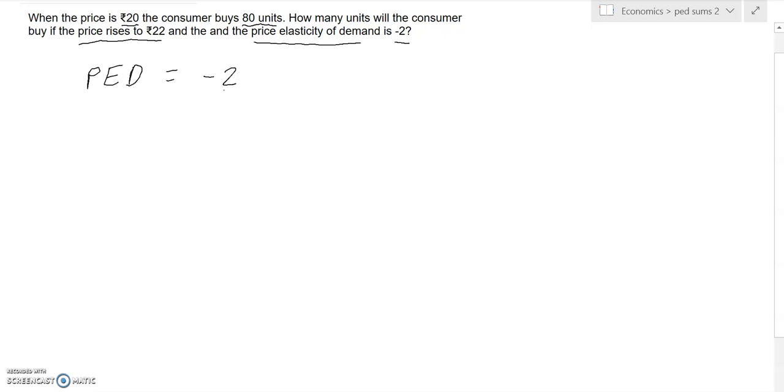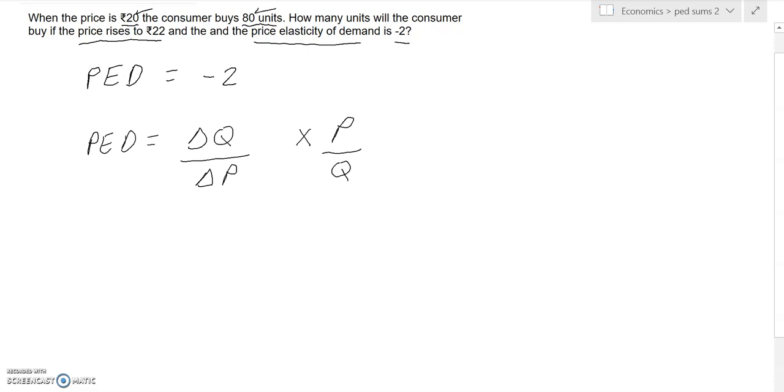Now, we know that price elasticity of demand is change in quantity upon change in price into original price upon original quantity. Looking at the question, we've been told what the original price is and what the original quantity is.